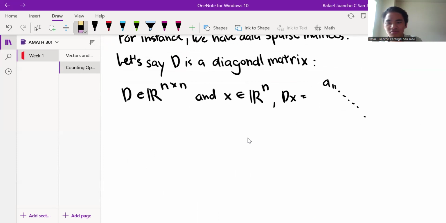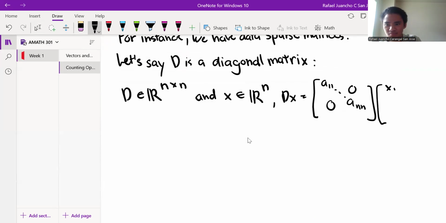Let's keep it short: A11, A22, A33, Ann. That's it. All of the rest is 0. We're multiplying it by x1, x2, x3, all the way to xn.